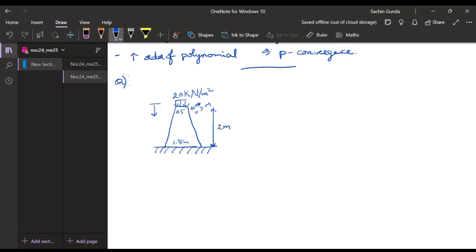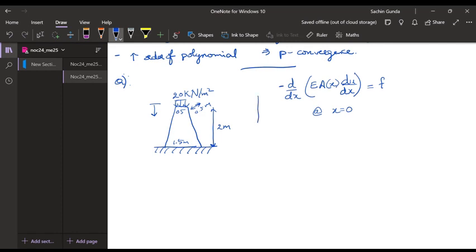Today we will try to find out the different types of error for this problem using the FEM solution. As this is a bar, the governing equation for this problem is minus d by dx of E A of x du by dx equals f, where the boundary conditions are given as follows.